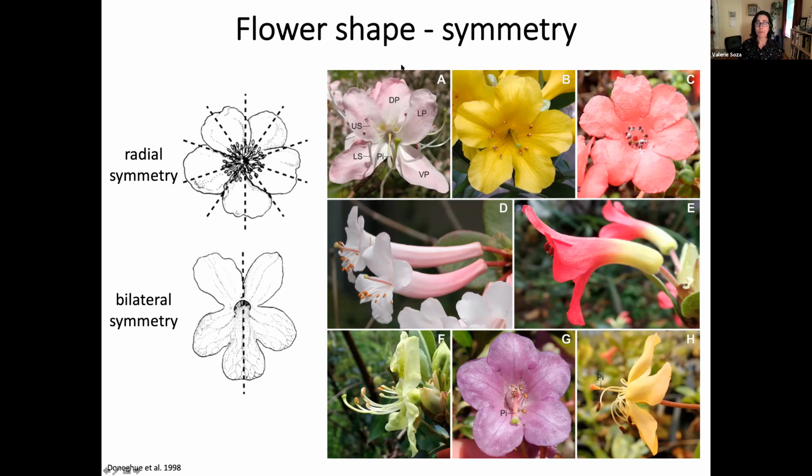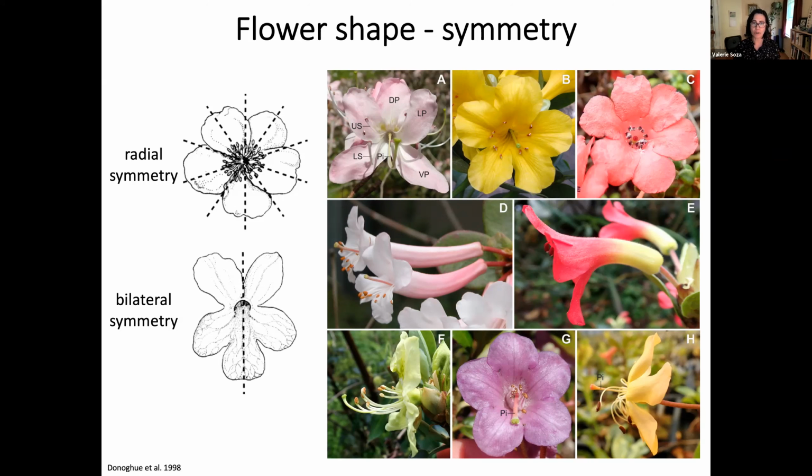In some cases in rhododendrons, you see an increase in petal number. So an example of that is in C here, where often when this happens, you get a radially symmetric flower that has multiple planes of symmetry.